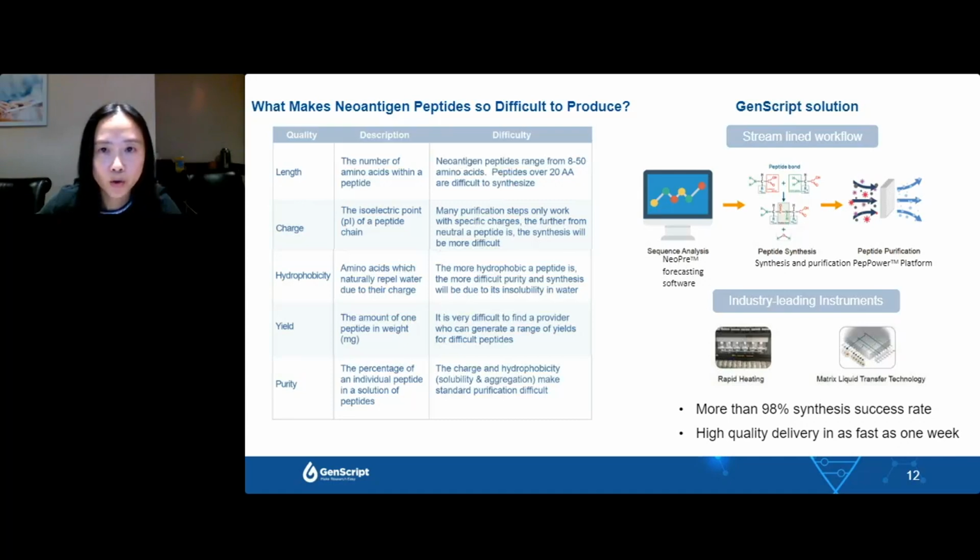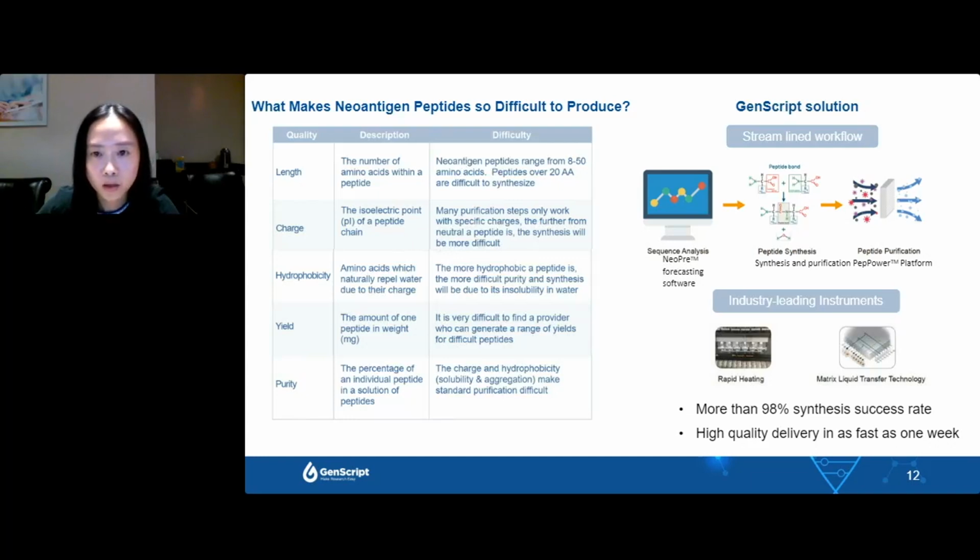And the GenScript solutions are listed here. We have a streamlined workflow. First, we will use our new pre-forecasting software to evaluate how difficult the peptides can be to produce.